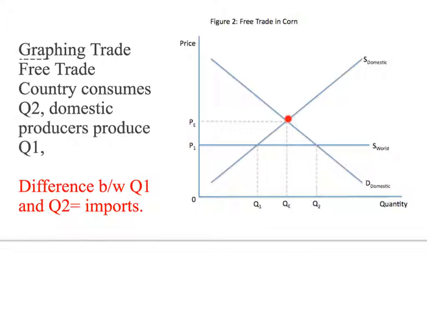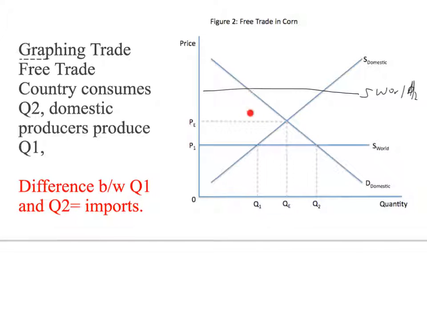Anytime the world price is below equilibrium, the country is going to be forced to import goods to cover the domestic demand. If we now take a look at the new supply in the world, if the world price is greater than the equilibrium price, then the country is going to export. The price of the world is here, perfectly elastic, and the domestic demand at this price is only this much.